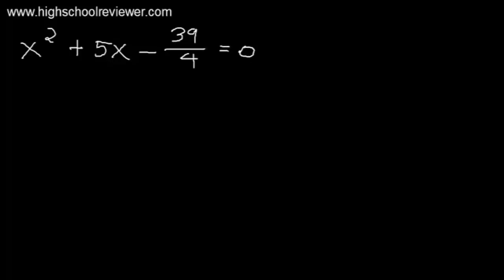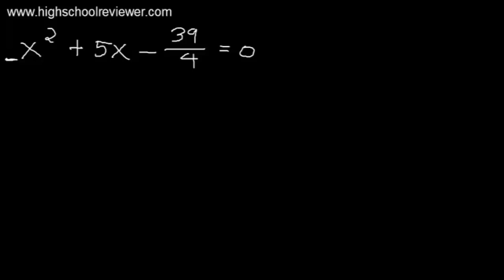Solving quadratic equations by completing the squares. Our next problem, we have x squared plus 5x minus 39 all over 4 equals to 0. So to solve this quadratic equation by completing the squares, first we need to make sure that there is no numerical coefficient before our first term.